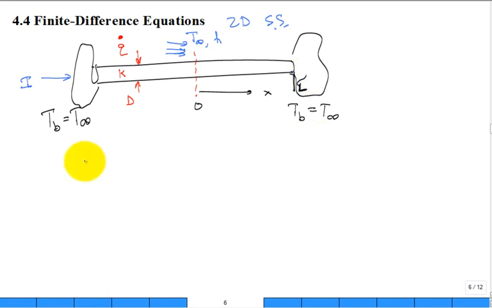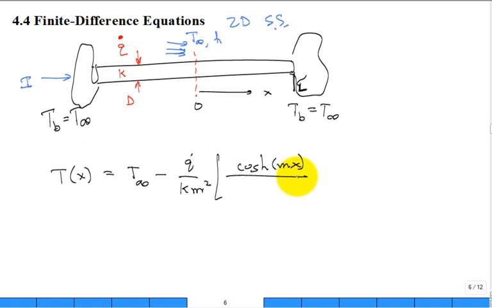Well, the analytic solution was the temperature at any location x going from 0 to L is equal to the T infinity, the fluid temperature, also the temperature of the end of the rod at L, minus Q dot divided by K m squared times our old friend cosh of mx divided by cosh of mL minus 1.